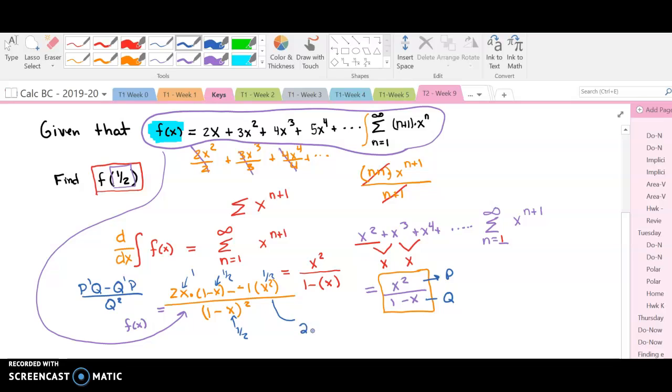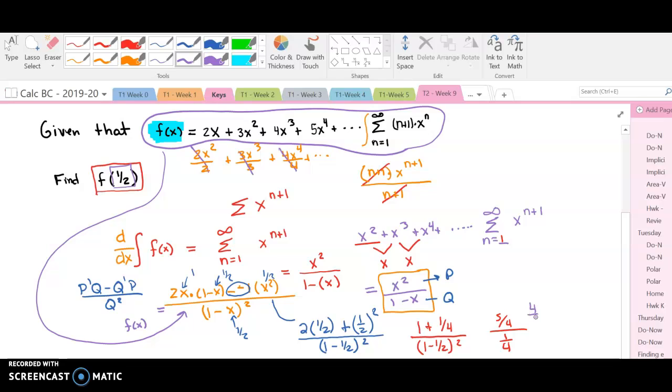And I get 2 times 1, 1 minus 1/2 is 1/2, plus, because of these two negatives, 1/2 squared, all over 1 minus 1/2 squared. As I simplify this, we have 1 plus 1/4 all over 1 minus 1/2 squared. Well, that is 5/4 over 1/4.